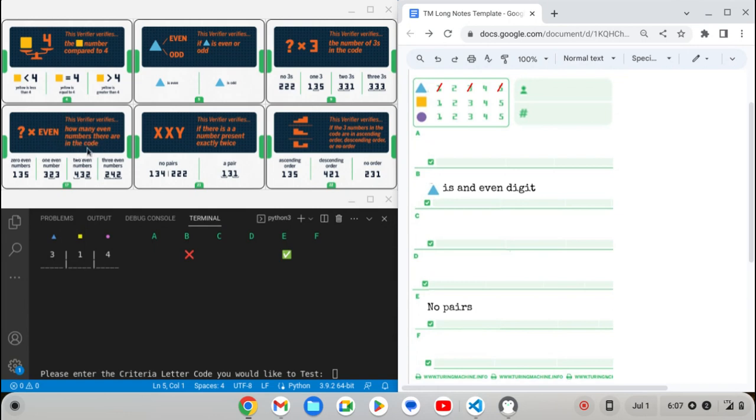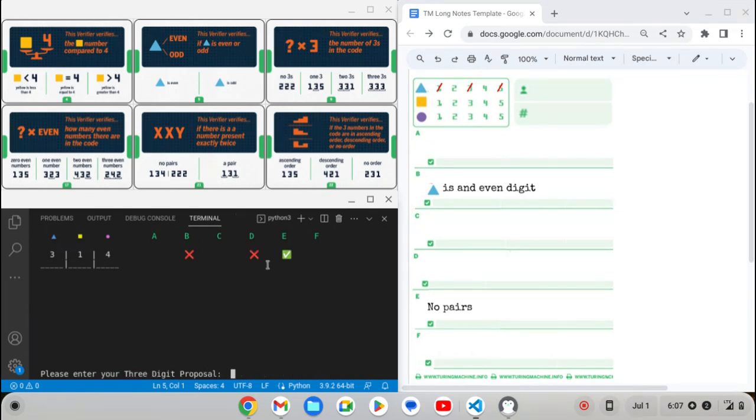So that would be a 50-50 for criteria card D. It would be nice to know if there was an even, so in round 2 I can then test if there is a single odd, would it be 3? Let me go ahead and test criteria card D, the number of evens.